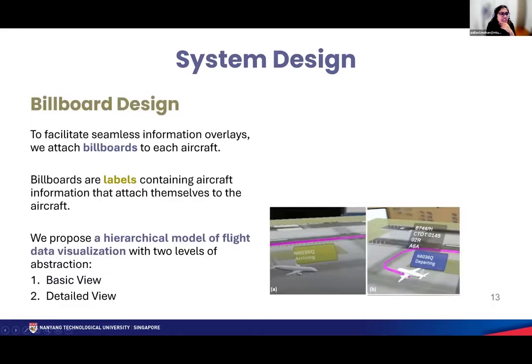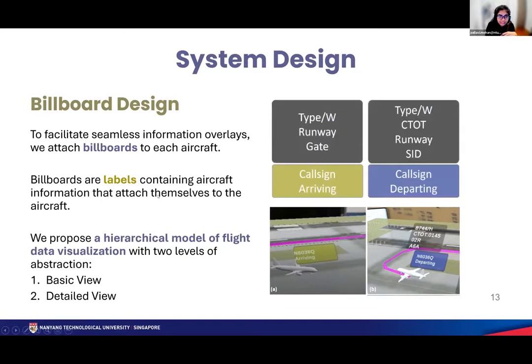Now, in a conventional digital tower setup, the out-of-tower view is physically placed above information displays and flight strips containing detailed flight information. So controllers have to physically switch between the 2 views to get all necessary information. We design a concept called billboards to alleviate this issue.